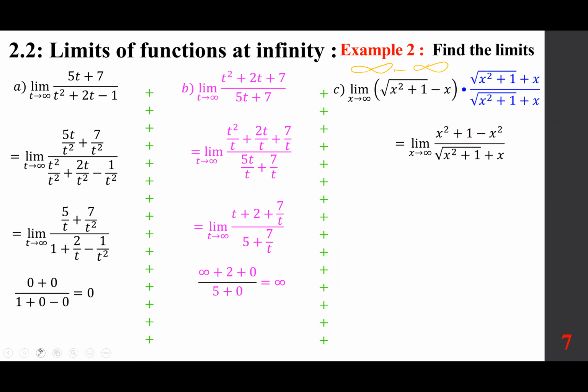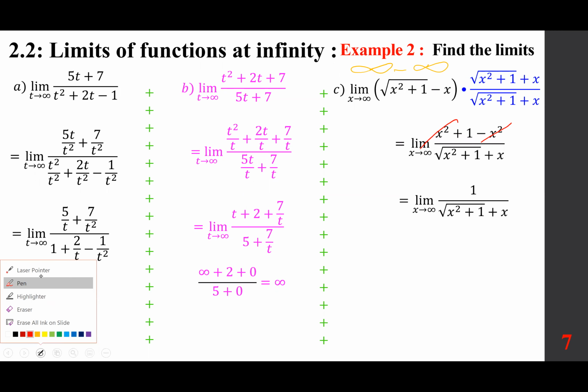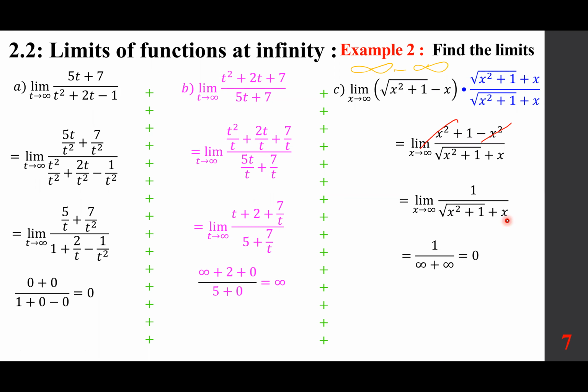These two cancel each other, and you get 1 in the numerator only. And now I hope you realize if you plug in, the denominator gives you infinity plus infinity. And 1 over infinity plus infinity is again 1 over infinity, which is 0.